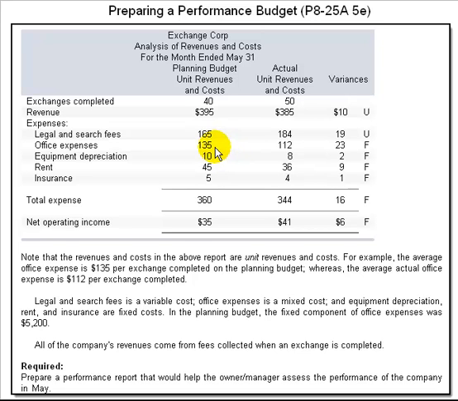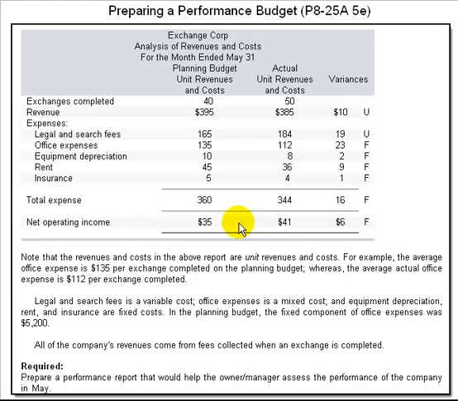Office expenses were $135 for planning purposes, but came in favorable, $23 lower at $112 per exchange. Equipment depreciation, $2 favorable, right? $10 was the planned, $8 was the actual per exchange completed cost. Rent $45 versus $36, $9 favorable, and then $1 favorable insurance, $5 planned, $4 actual.